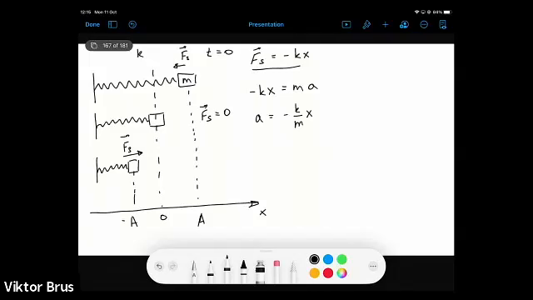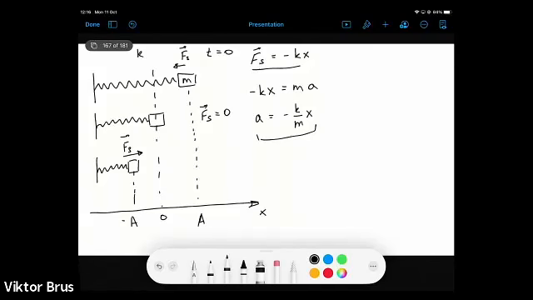So we see that from this equation, the acceleration of this block is proportional to its position. So it increases with x. And the direction of the acceleration is opposite to the displacement, because we have this minus here.